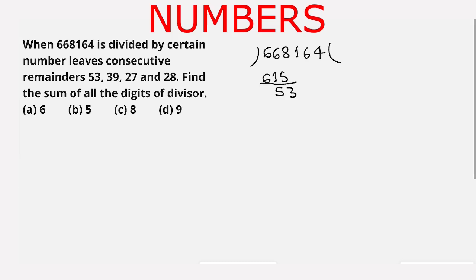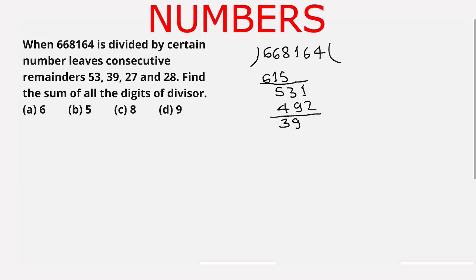We carry 1 from above, and now the number becomes 531. When 531 is divided by the divisor, the remainder is 39. So on subtracting 39 from 531, we get 492, or 492 when subtracted from 531, the remainder is 39.